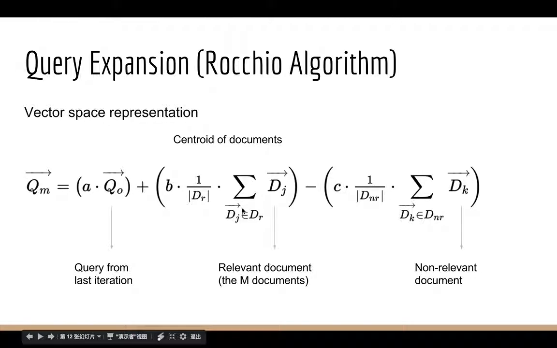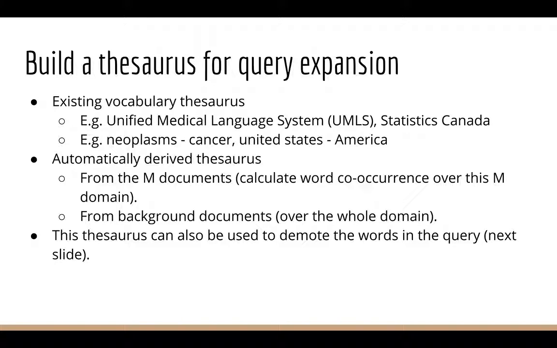One difficulty is that, as I will mention, another method that we can use is to build a thesaurus for the query expansion. That is, we use some dictionary to find what are the words that accompany the word that we put in. For example, we can use an existing vocabulary like the UMLS, or we can automatically derive the thesaurus.